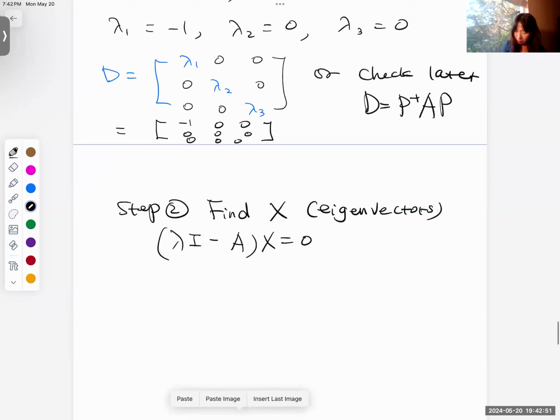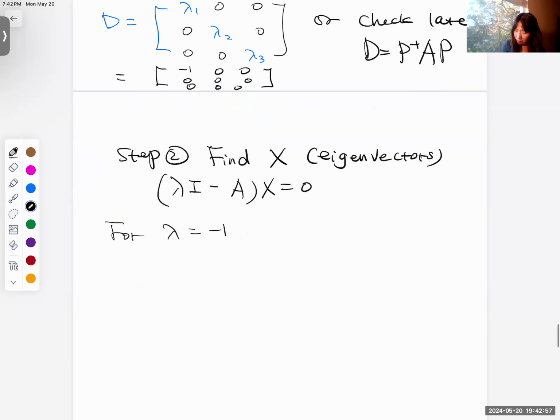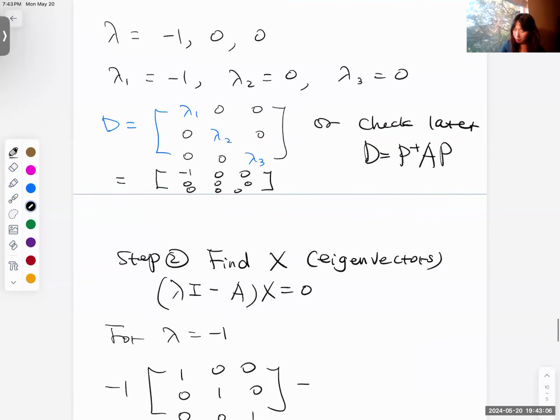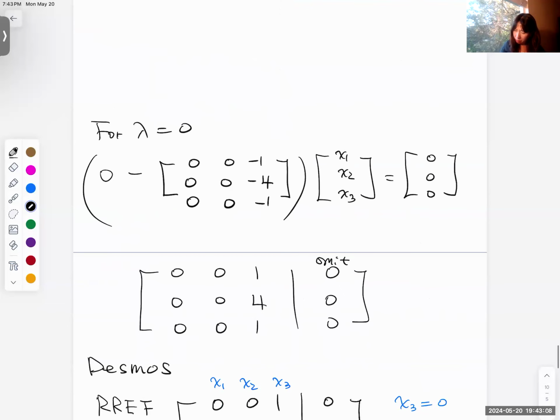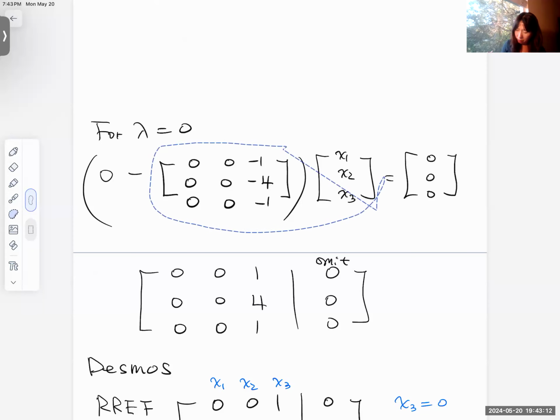So for lambda equal to -1: -1, 1, 0, 0, 0, 1, 0, 0, 0, 1 minus A was here. How about that?